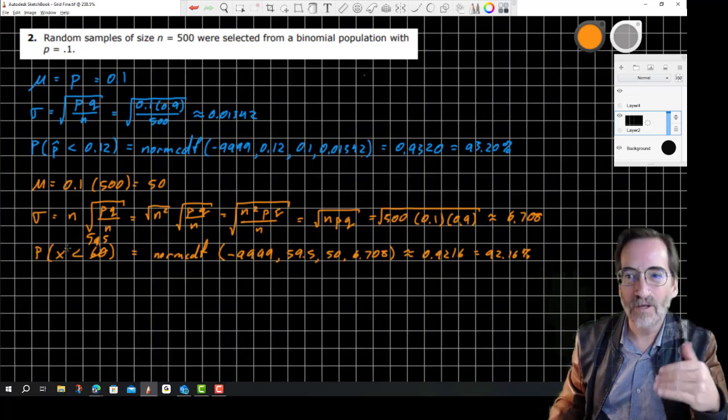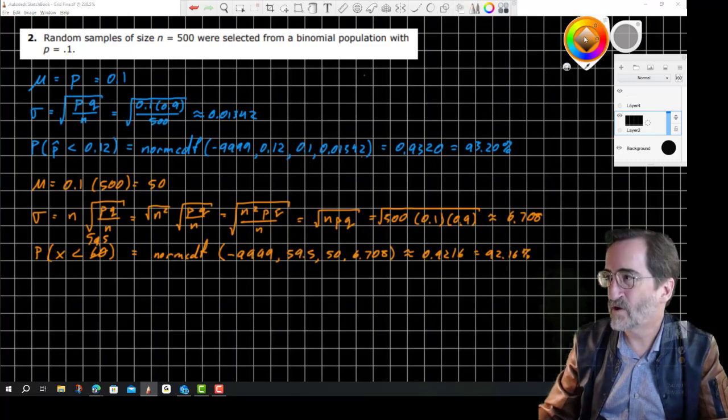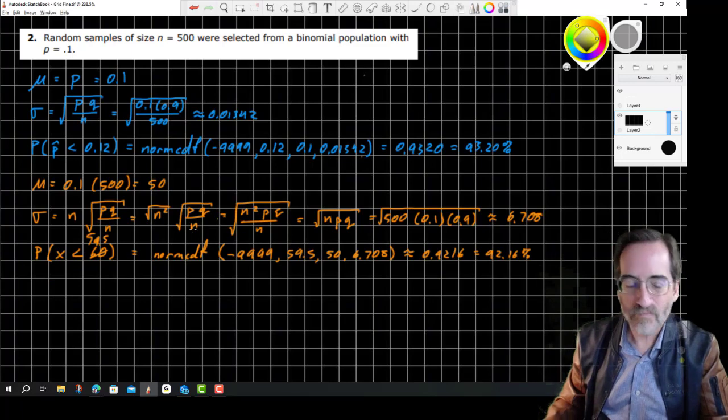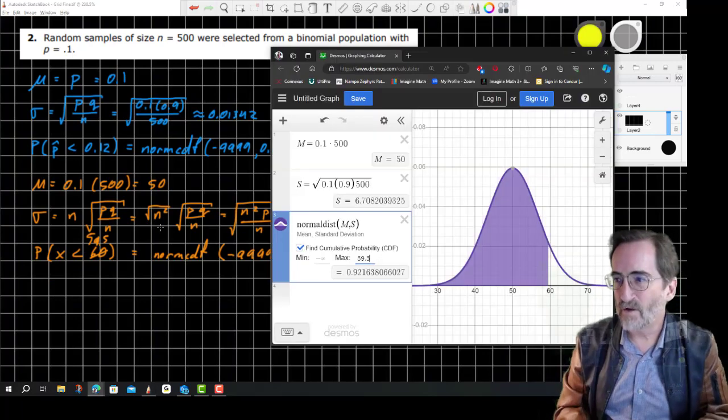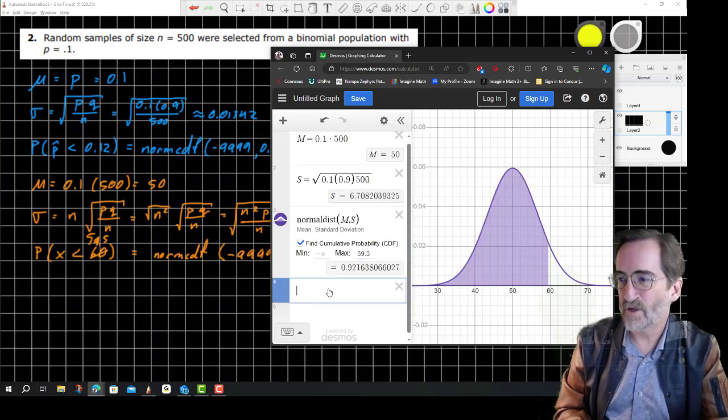And then we can approximate this with a totally different distribution, a binomial distribution, using your binomial distribution feature on your calculator. I'm going to leave the normal distribution up here in Desmos, because I want you to see them superimposed on each other.